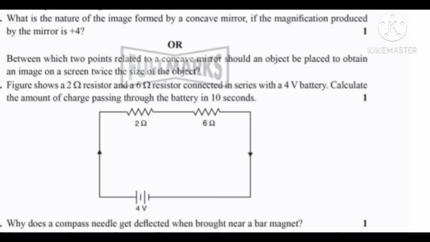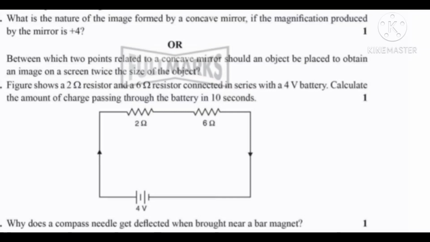So the compass needle is itself a bar magnet, or it is itself a magnet. So when it is placed near a bar magnet, it will get deflected because like poles will repel and unlike poles will attract. Okay, so such things you have to read the text and try to answer the questions.